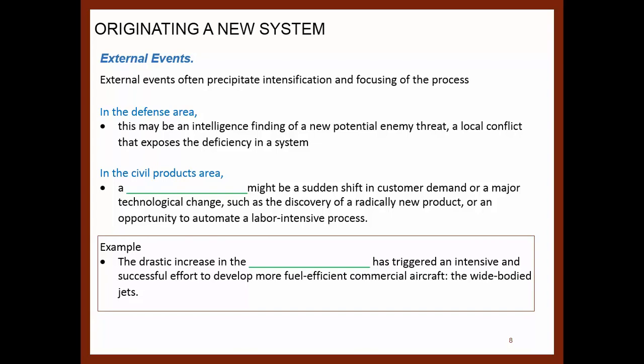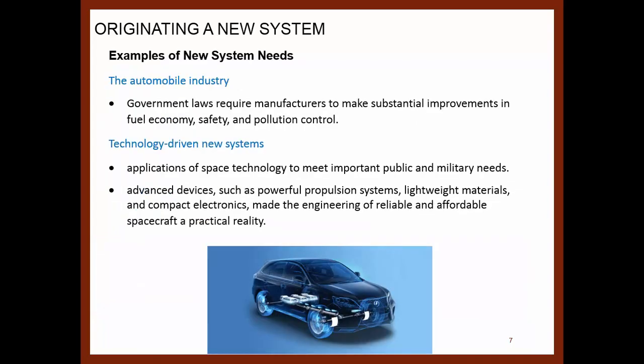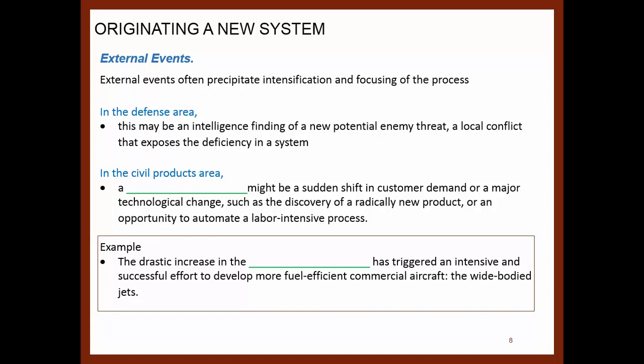External events. This is from the standpoint of originating a new system. External events often precipitate intensification and focusing on the process. In the defense area, that could be intelligence finding a new potential enemy threat, a local conflict that exposes the deficiency in a system.